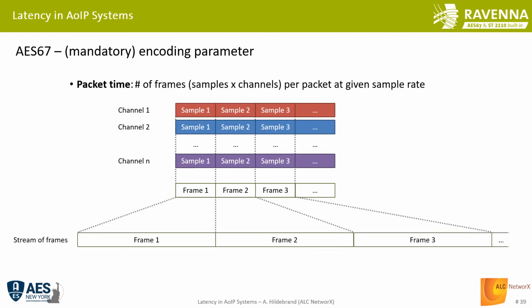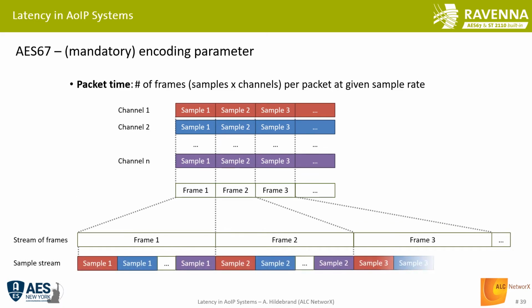So the packet time is a determining factor for the latency. If we lower the packet time, let's say we are just gathering 16 samples, it's 333 microseconds, right? And some solutions even offer packet times of 1 frame.